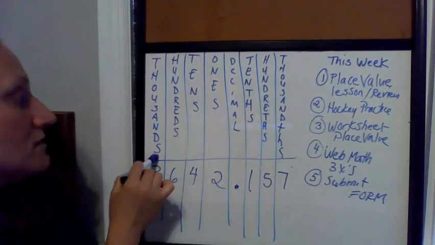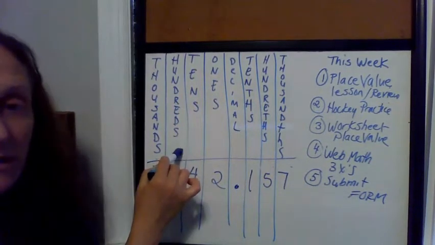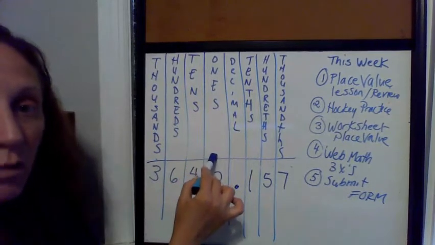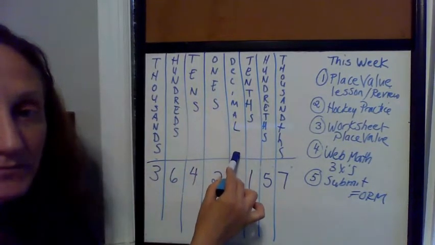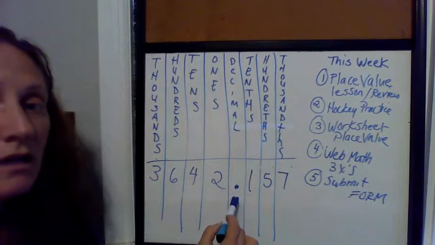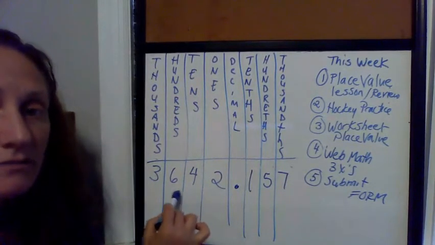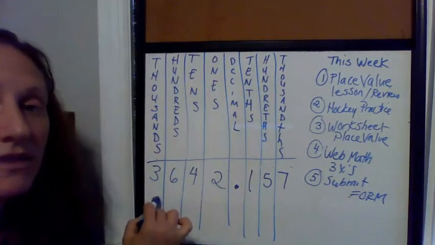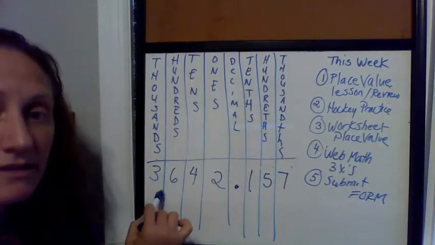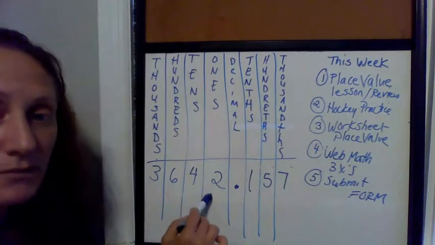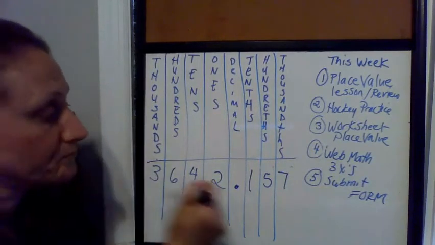So this is the thousands column, hundreds column, tens, ones, decimal point. So to the left of the decimal point is the ones column. To the left of that is the tens column, the hundreds column, and the thousands column. So we would read that 3,642. Then there's a decimal point.